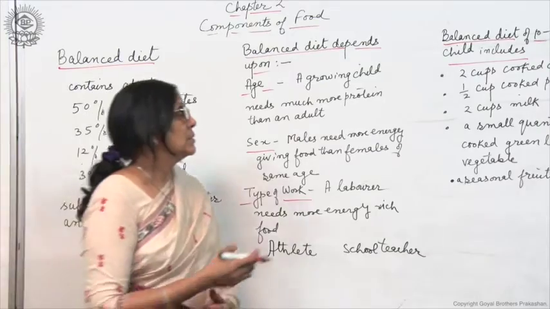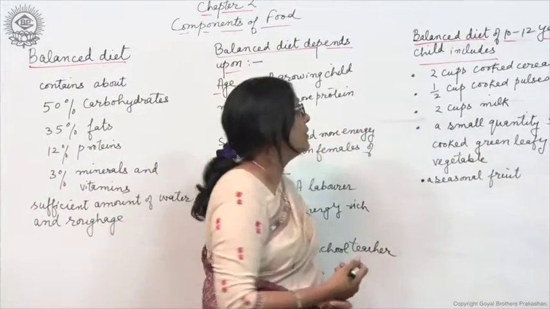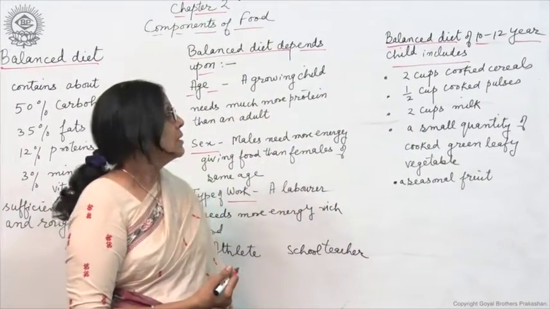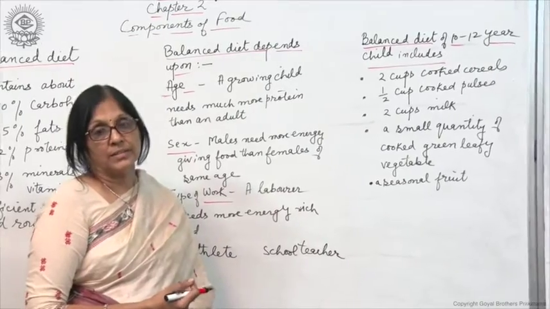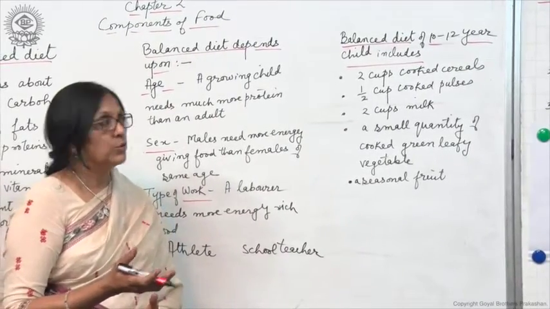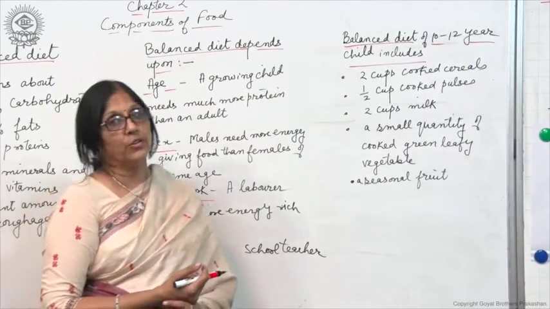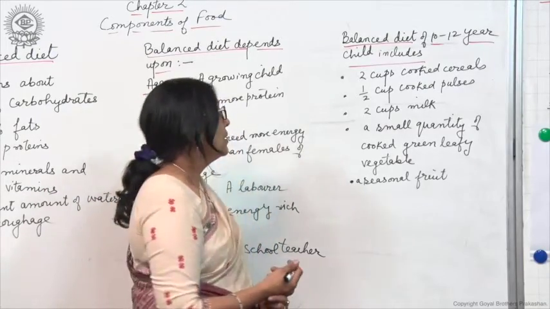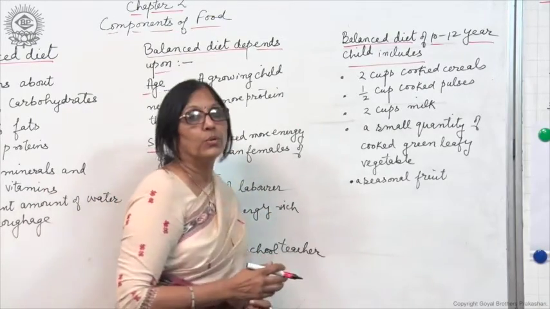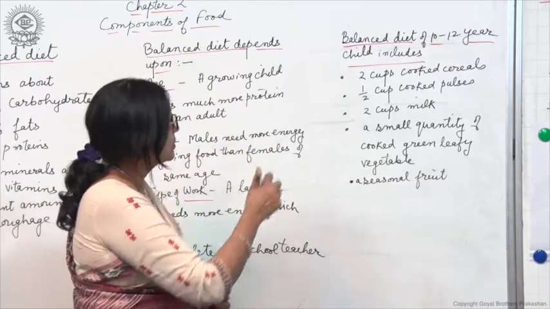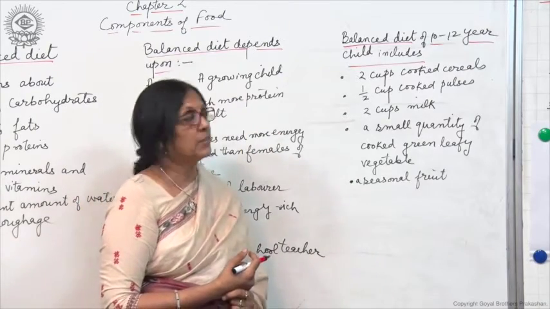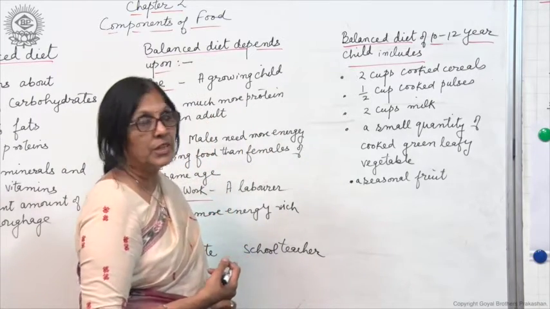Now at the age of 10 to 12 years, what should be the balanced diet? Your age also must be approximately 10 or 12 years in between this. So, what all should be included in the balanced diet at your age? Let us see.